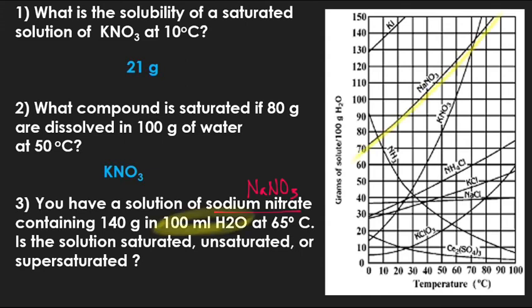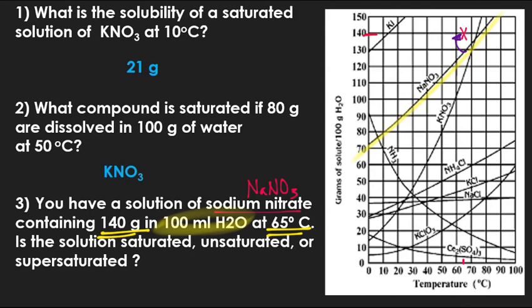And that's 100 milliliters of water, good. So now I'm going to be looking at where 140 grams and 65 degrees Celsius intersect. So at 65, our intersection point is about here. And that point is over the line.